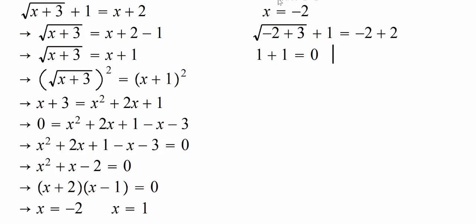So this does not work. This is not a solution of the original equation.